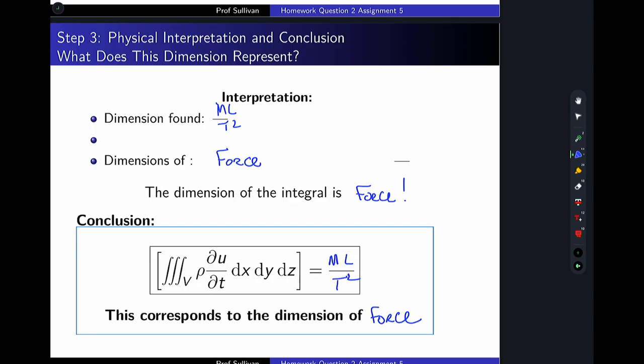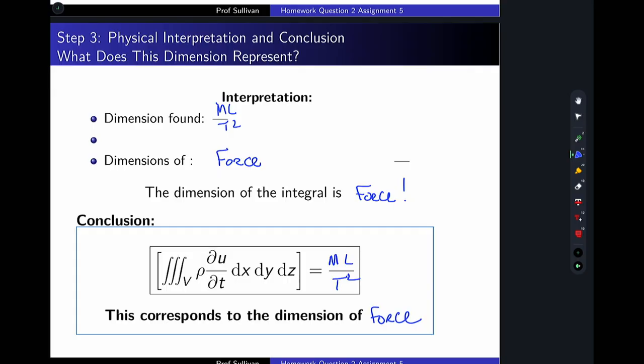Go ahead. Would it be easier for dimensional analysis, instead of using M, L, and T, if you just use kilograms, meters, and seconds? No, because you do not want to limit yourself to SI units. This is not a problem where, for example, if I had to deal with English units, and I said to you, look, we'll have slugs and pound masses and pound forces, and we'll do this in inches, I would still get the same result. I'd get slug inches over second squared.